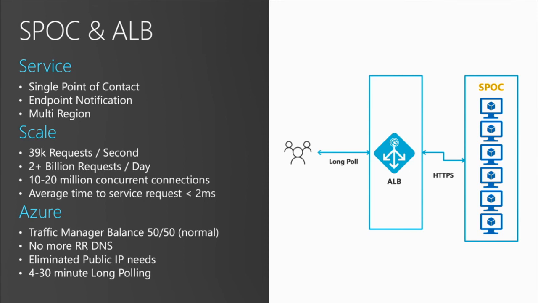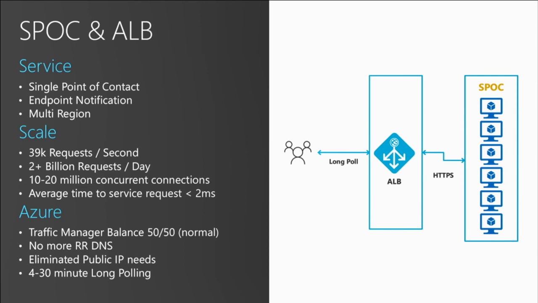But the impressive part is Spock sits at around 39,000 requests per second. The ALBs don't even hiccup. The response time of Spock is sub 2 milliseconds throughout those regions, and it's doing it at nearly 40K a second. We usually balance 50-50, thankfully, thanks to Traffic Manager, which keeps it nice and balanced. It's usually 51-49, just given, because it is long polling.